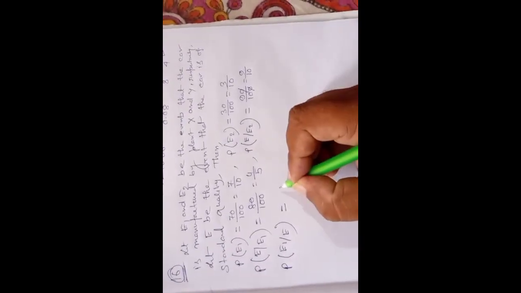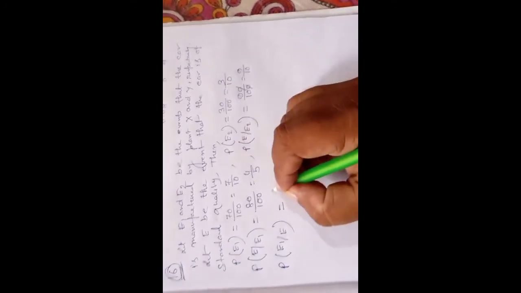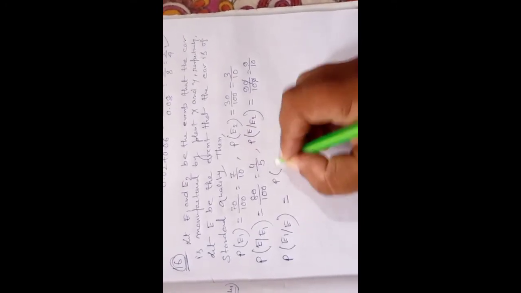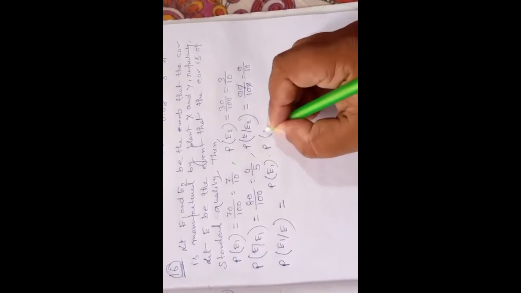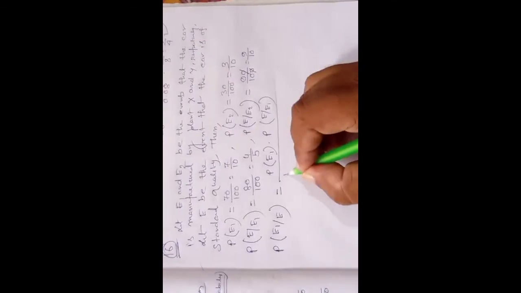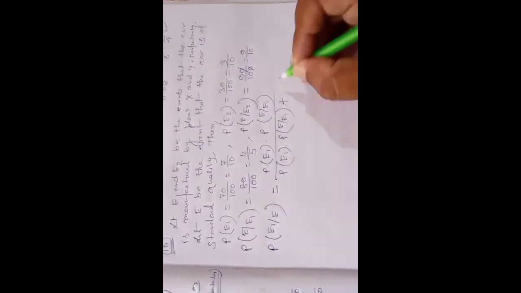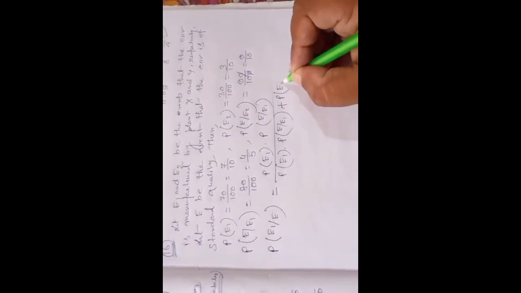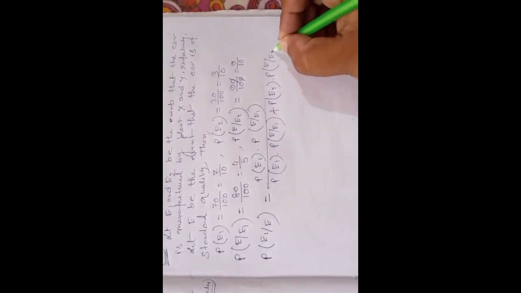So the probability of E1 by E, by Bayes' theorem, equals probability of E1 into probability of E by E1, divided by probability of E1 into probability of E by E1 plus probability of E2 into probability of E by E2.